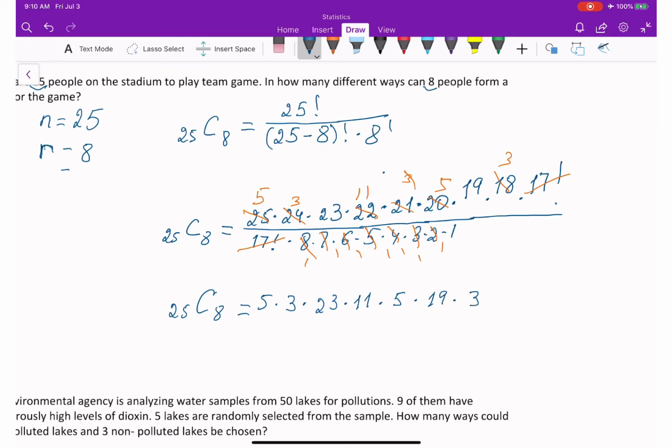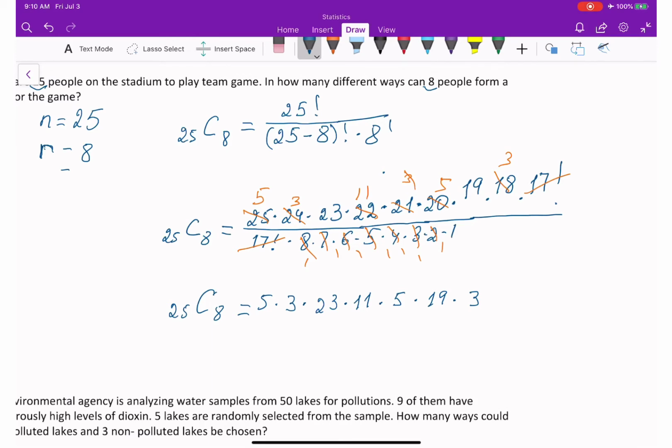Okay, let's do the math. I hope I didn't leave out any number. 5, 3, 23, 11, 5, 19, 3. Okay, let me see what we get. 15 times 23 times 11 times 5 times 19 times 3.